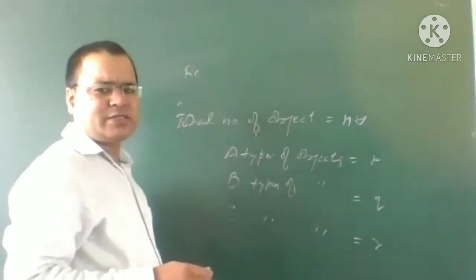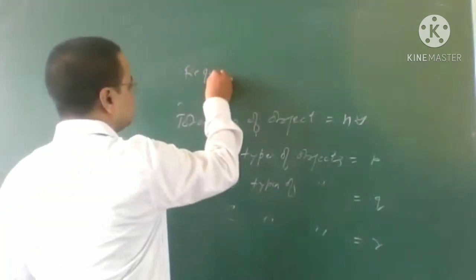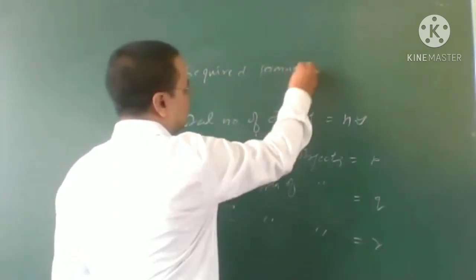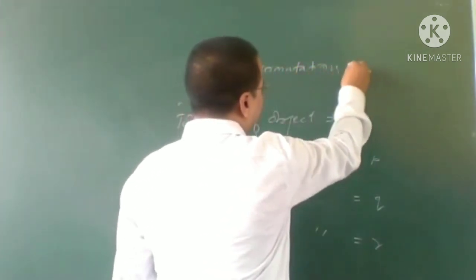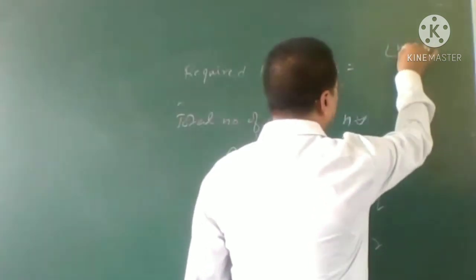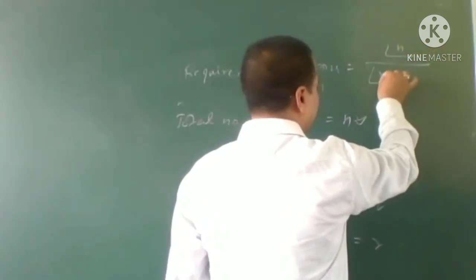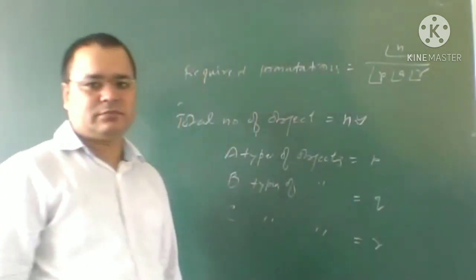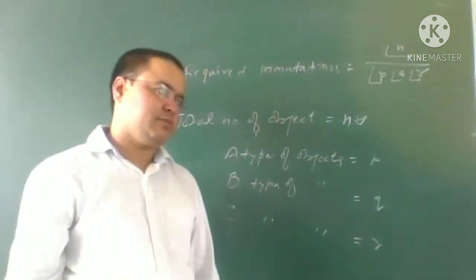It's not required choices. Required permutation is what? Factorial n upon factorial p, factorial q, factorial r. This is the theorem.